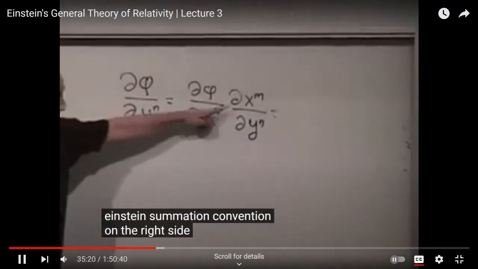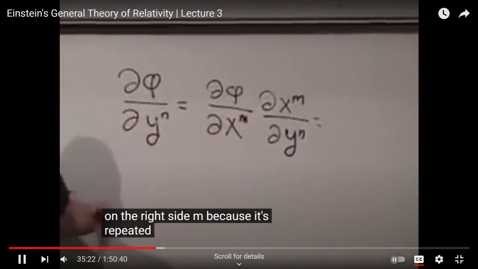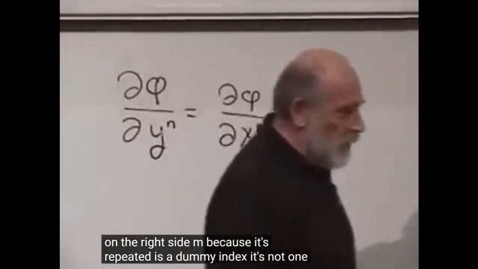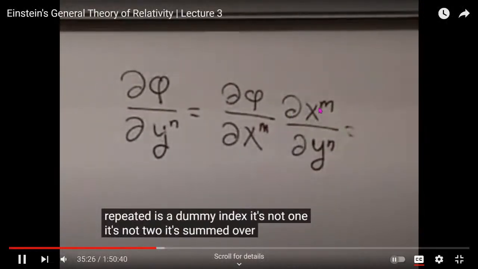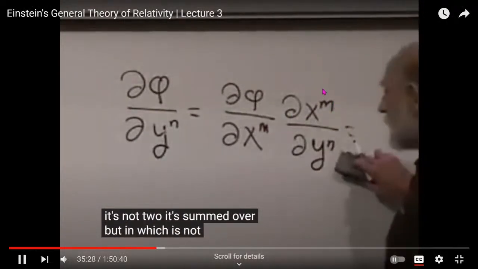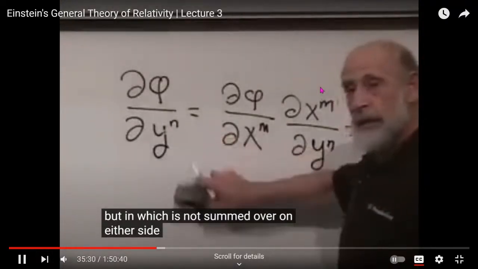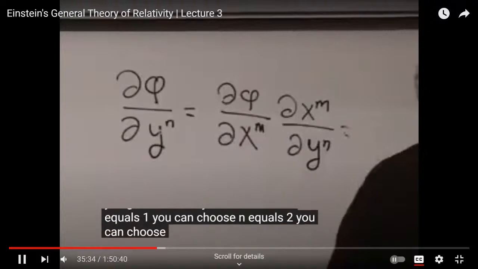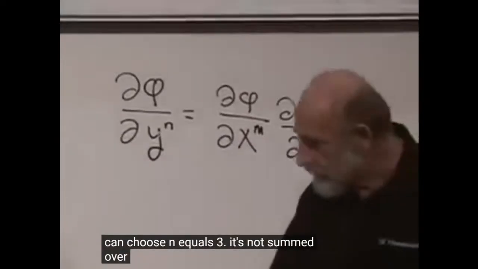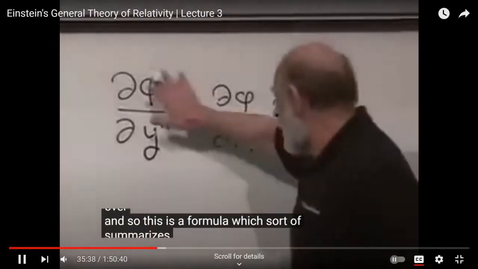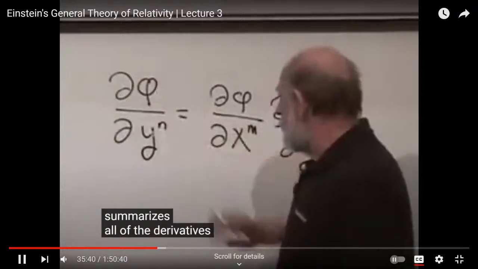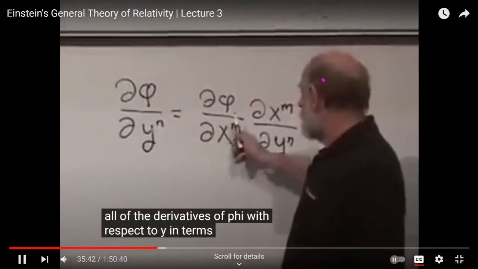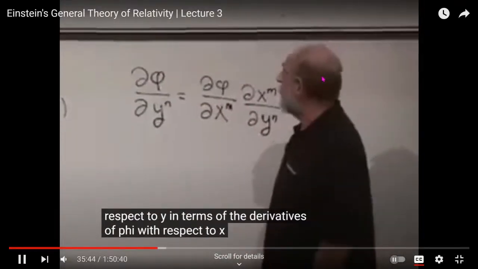On the right side, m, because it's repeated, is a dummy index. It's not 1, it's not 2, it's summed over. But n, which is not summed over on either side, you get to choose. You can choose n equals 1, 2, or 3. So this is a formula which summarizes all of the derivatives of phi with respect to y in terms of the derivatives of phi with respect to x.